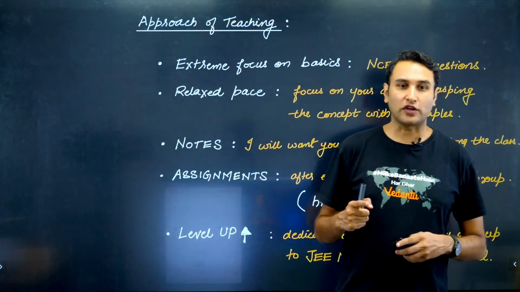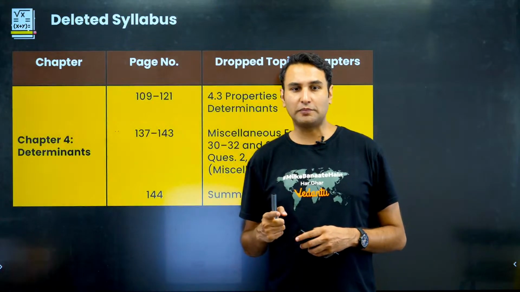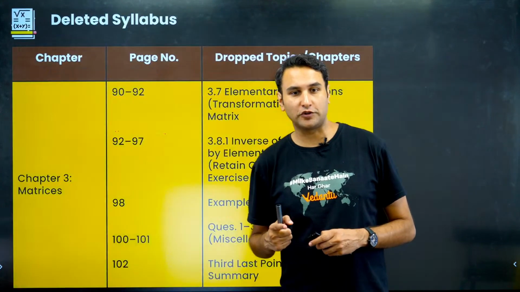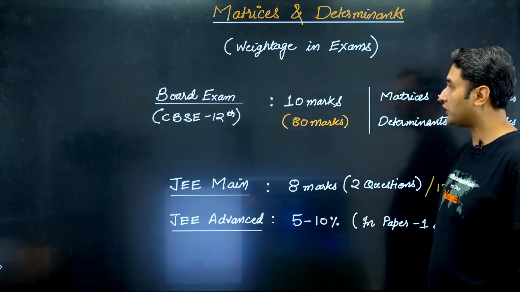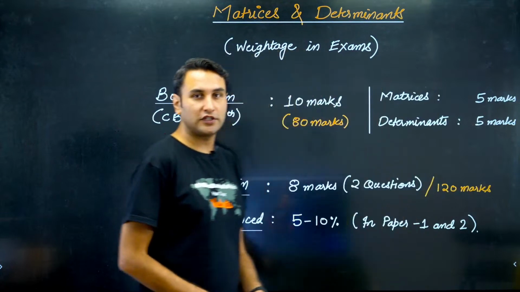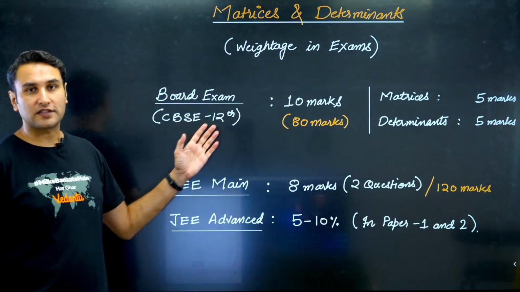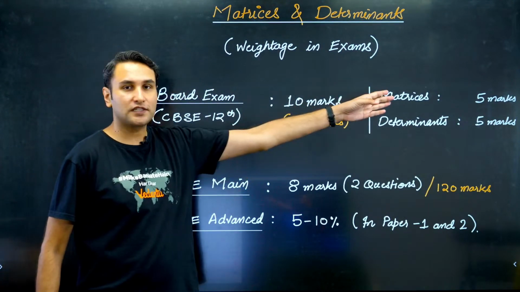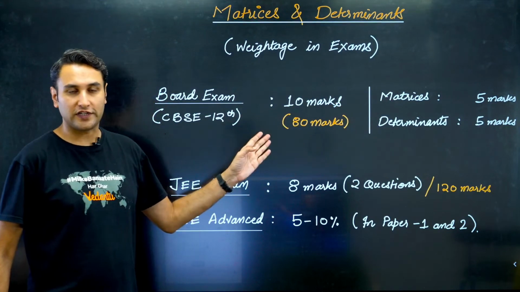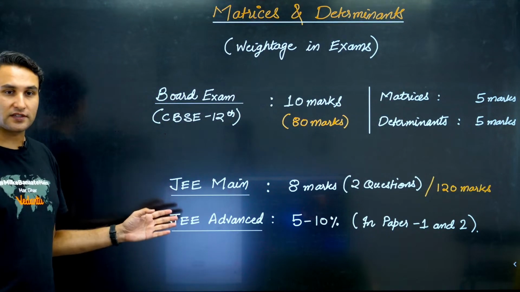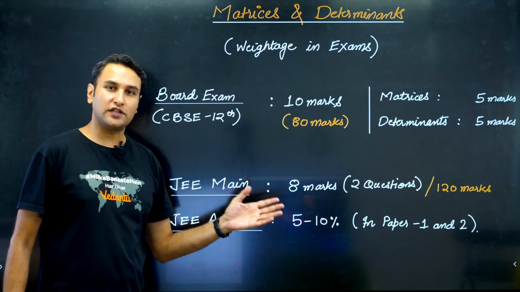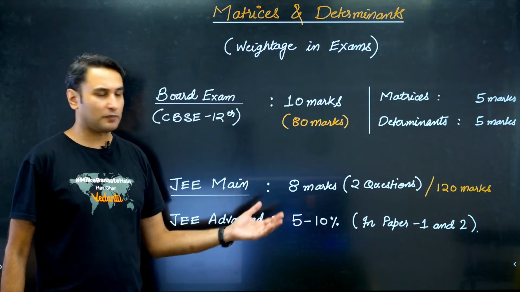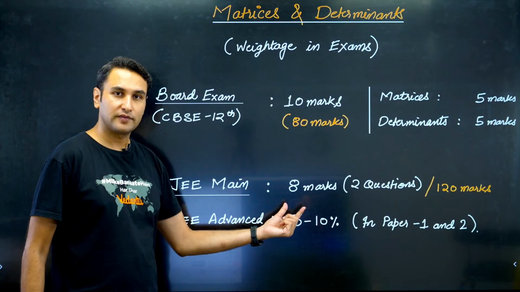Alright, so talking about the weightage, in my previous session I talked about it, but let me talk about it once again. In board examination, matrices and determinants come for 10 marks, matrices 5, determinants 10 out of 80 marks. As far as the JEE is concerned, typically we have seen 2 to 3 problems in JEE Mains, approximately 8 marks.